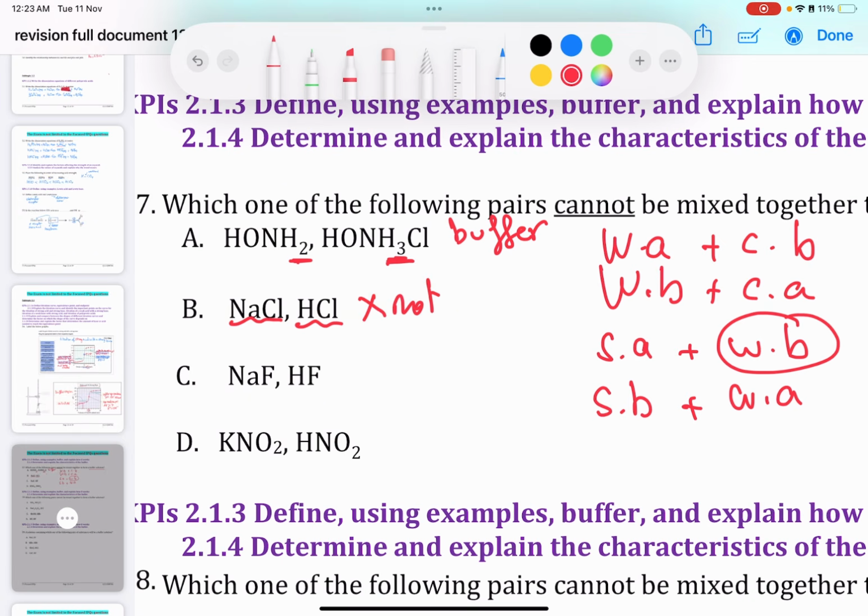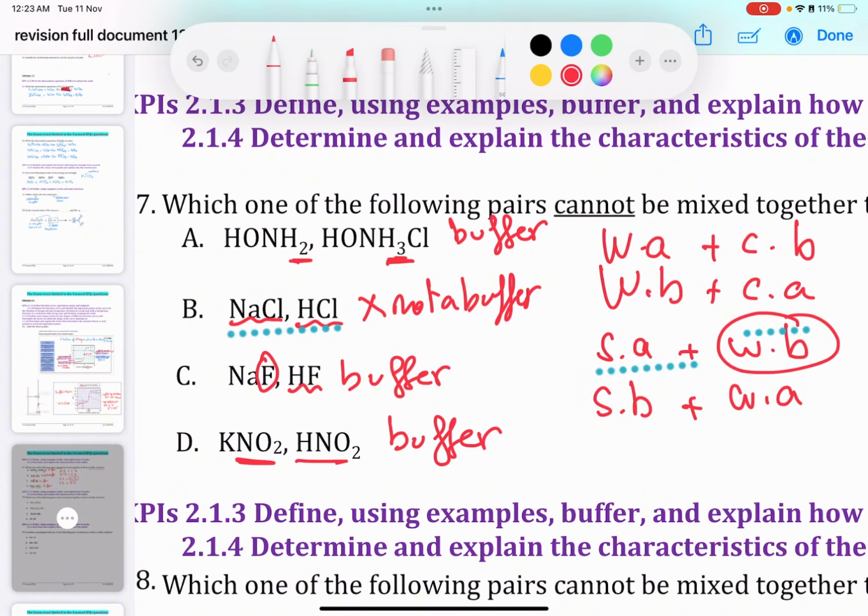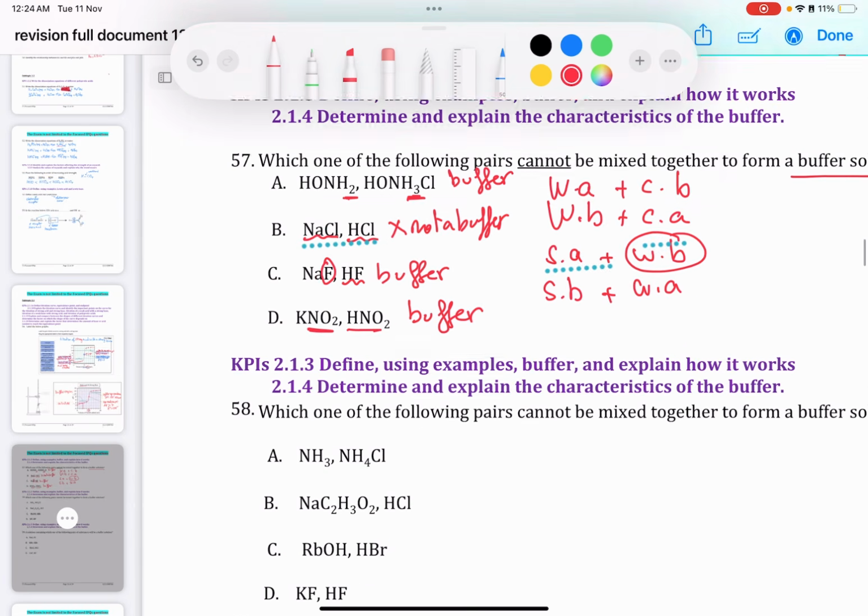That is not a buffer. That is F-, and that is HF, a conjugate base and its own acid. That is a buffer. And also this one, NO2- and HNO2, that is a buffer. To recognize the buffer immediately, just look for one hydrogen missing in one of the formulas, only one.